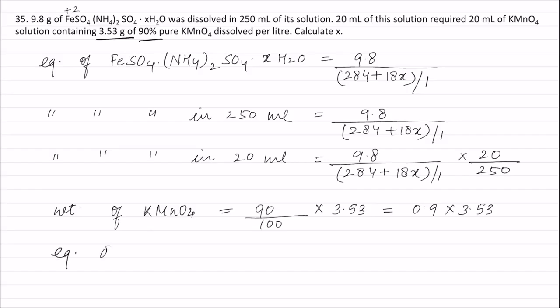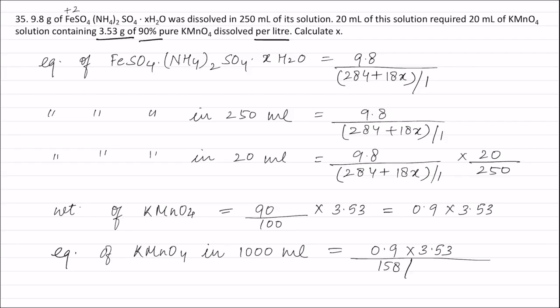Therefore, equivalence of KMnO4. Now the volume of this KMnO4 solution is 1 liter. Therefore, equivalence of KMnO4 in 1000 milliliters is equal to weight of KMnO4, that is 0.9 into 3.53 grams, divided by equivalent weight of KMnO4. The equivalent weight of KMnO4 will be equal to molecular weight of KMnO4, that is 158, divided by valency factor, that is 5.